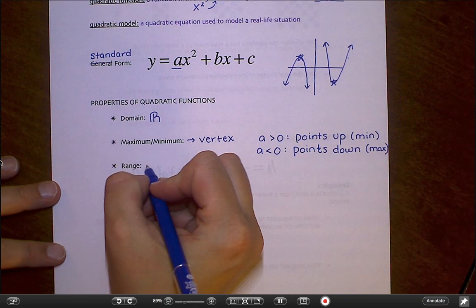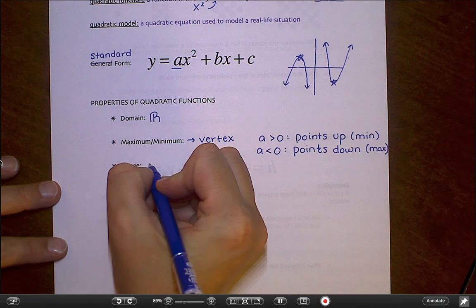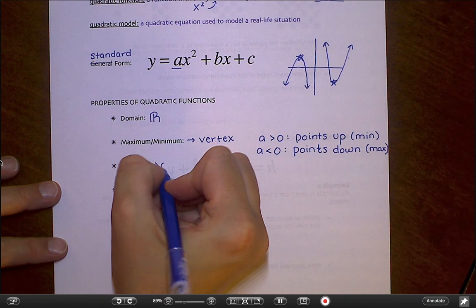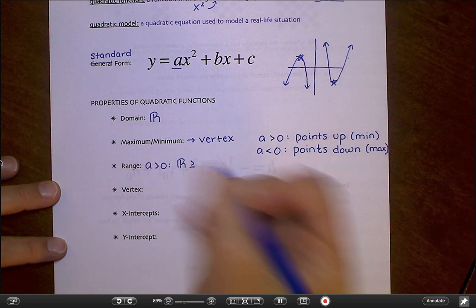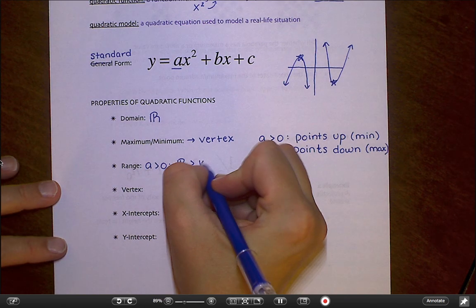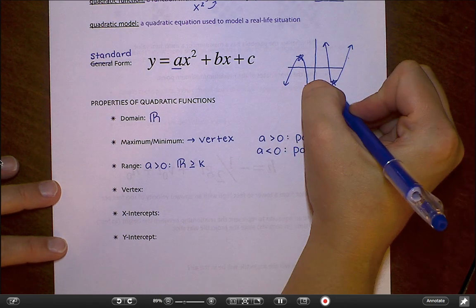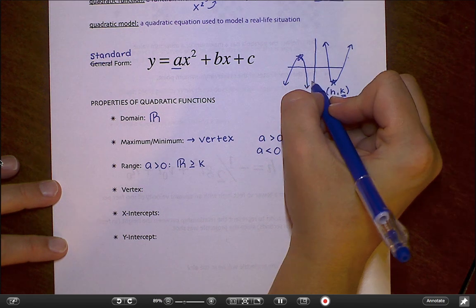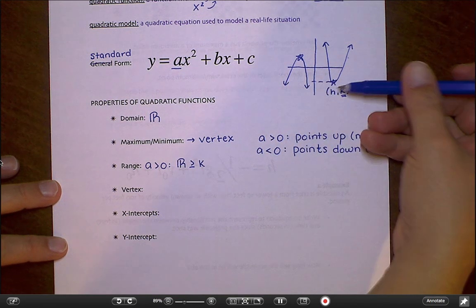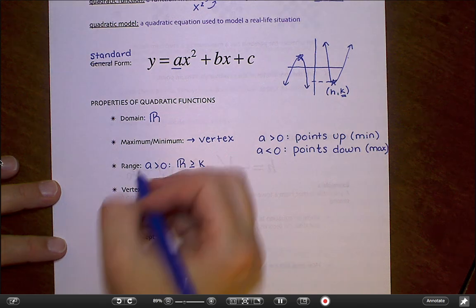So I would say the range, when a is greater than 0, is all real numbers greater than or equal to the k value. Remember the vertex is h comma k. So looking at where that y value is located, that'd be this value here. It's all real numbers greater than or equal to that number.